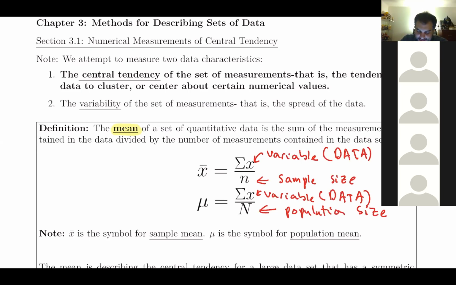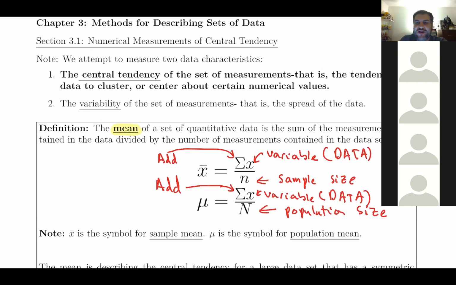And then lastly, we have this symbol, which is literally just telling you to add. So if you look at it, it's telling you to add all the data and then divide it by your sample size. So that's how we're going to calculate the mean. Any questions on how we calculate the mean by just adding up all the numbers and dividing by however many numbers we have? All right, so no questions about that.